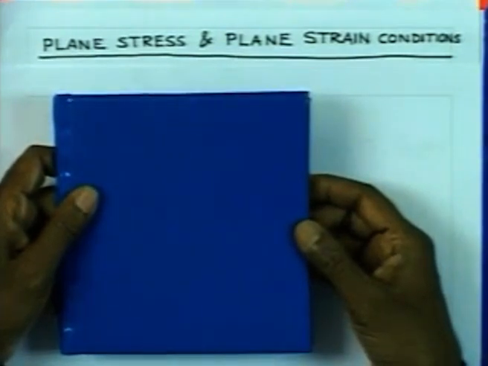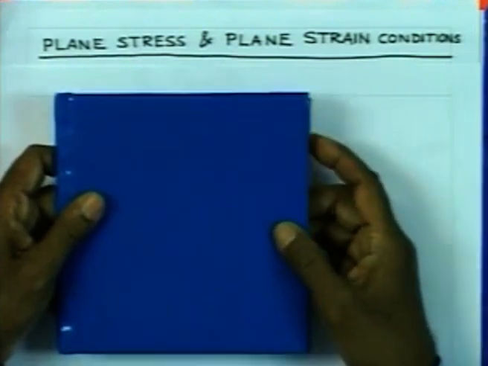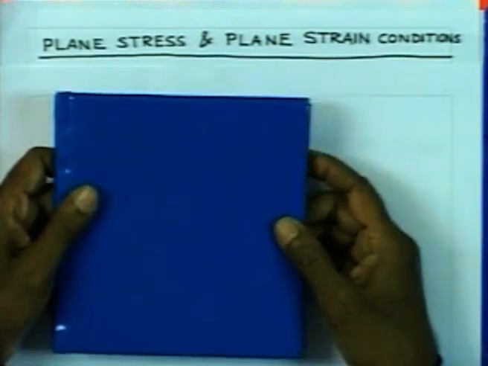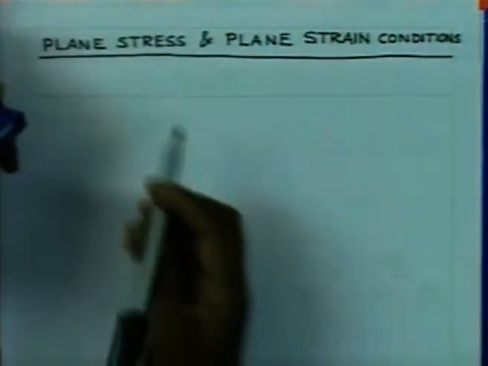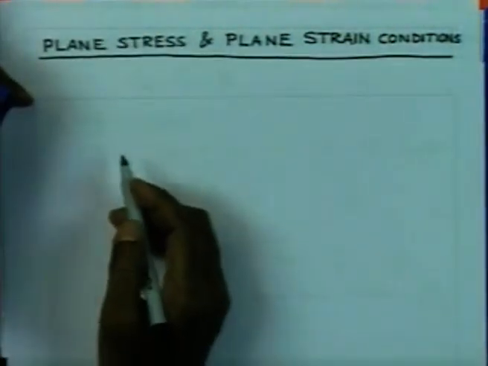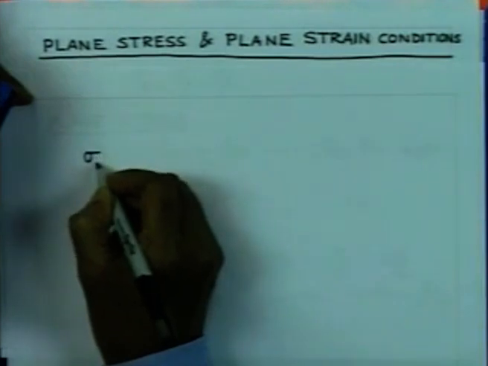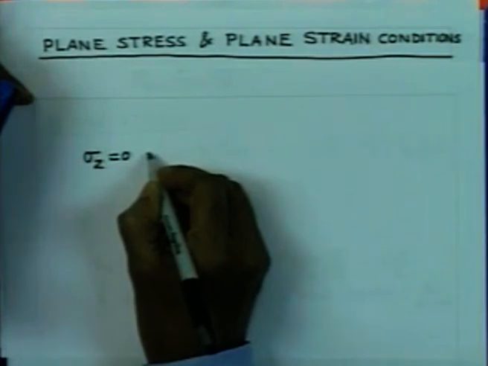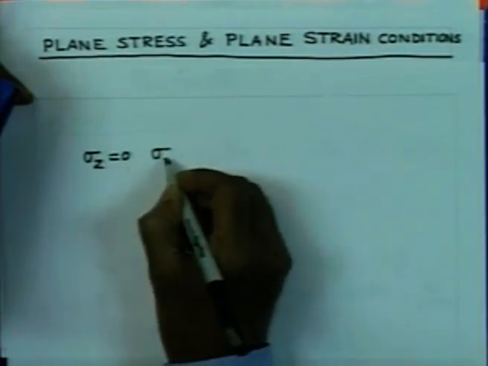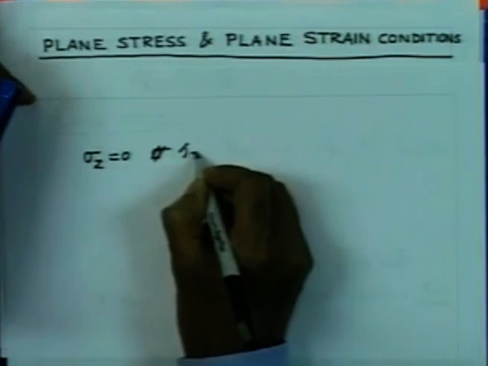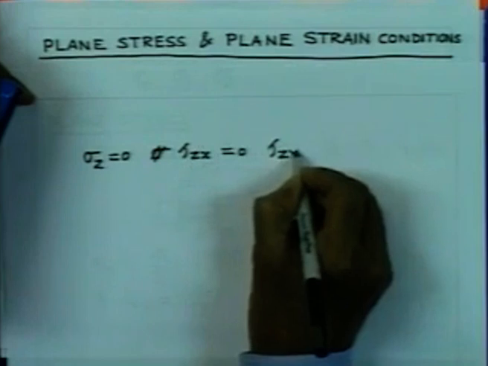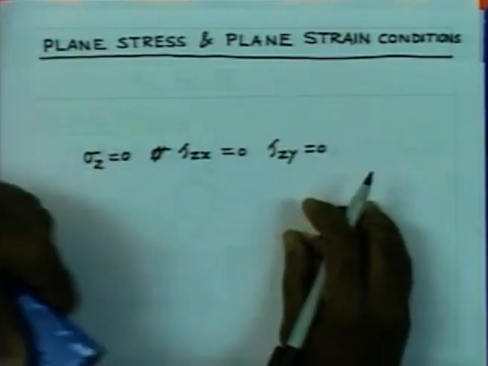And now we can consider that at any intermediate point, since the thickness is very small, the same state will prevail. Therefore, the stresses which are going to be 0 are sigma z equal to 0, tau zx equal to 0 and tau zy equal to 0. So, these three components are 0.